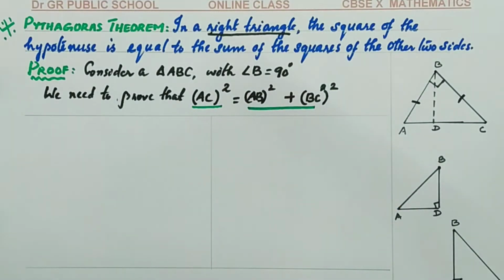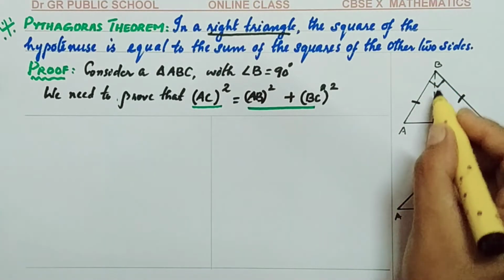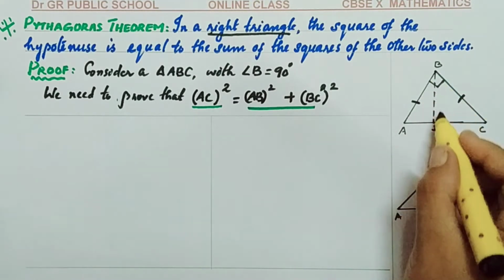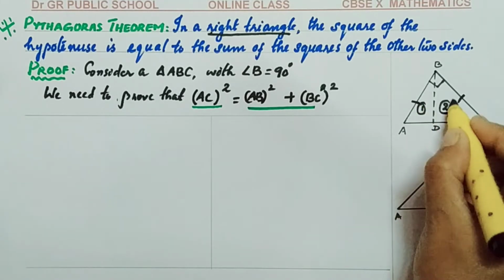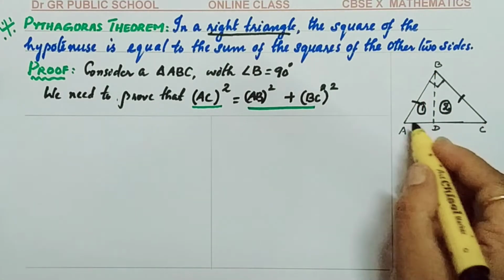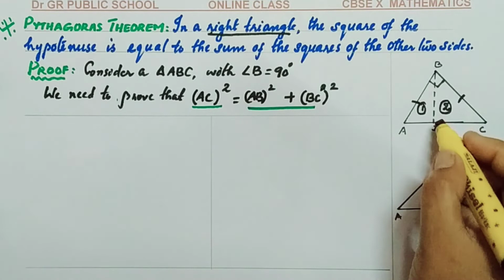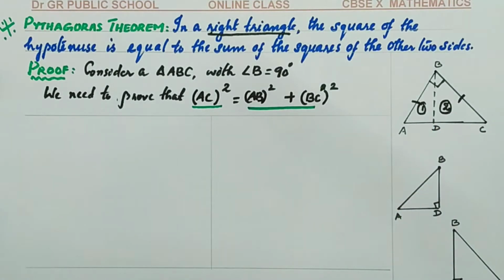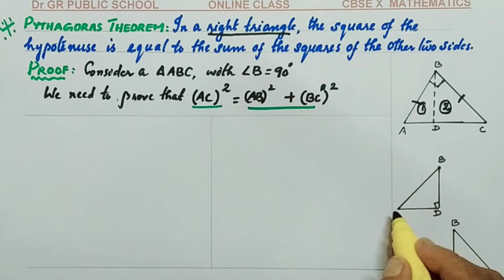For this, we need to apply the last theorem. What does the last theorem state? If a perpendicular is drawn from the vertex of the right angle of a right triangle, then the triangles on both sides of the perpendicular are similar to the whole triangle and also similar to each other. That result we are going to apply here. Here BD is the perpendicular. I am going to consider the triangle ADB that I have drawn here.